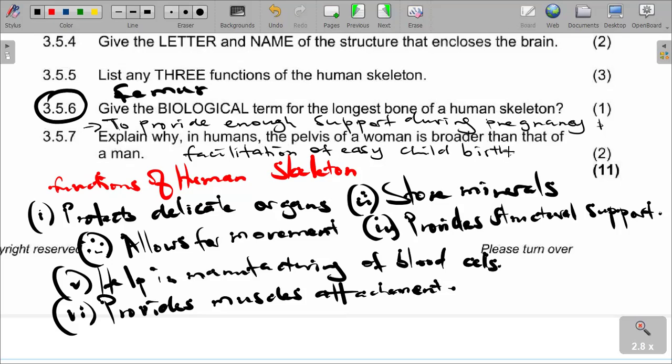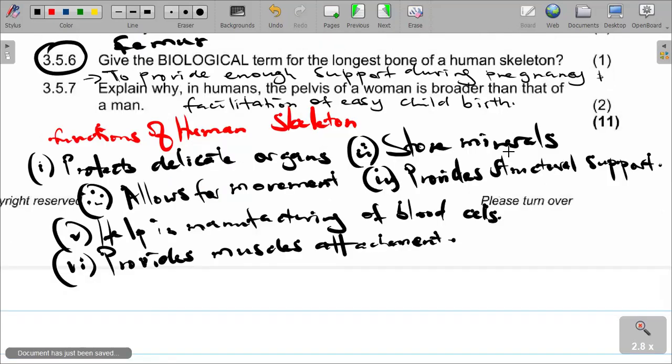The child must be born. So we are saying that the pelvis of a woman is broad because it has to provide support in carrying the pregnancy and also facilitation of easy childbirth during the birth process. That is also the good advantage of that.